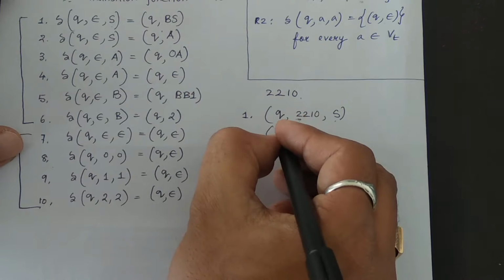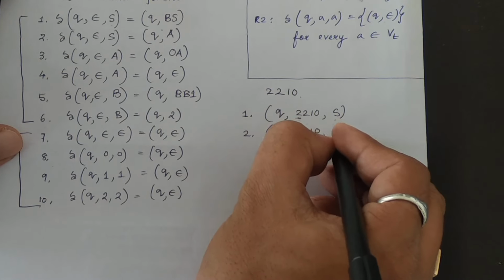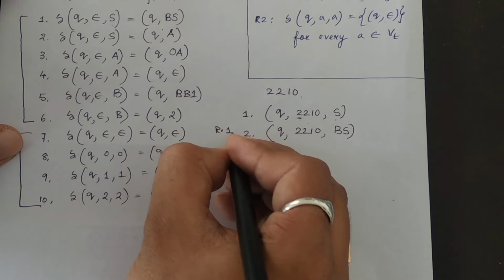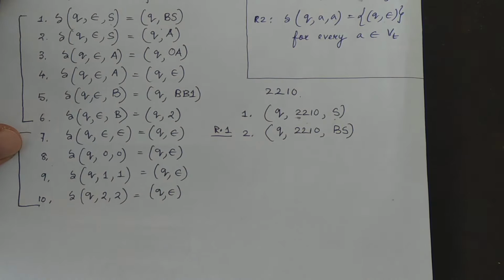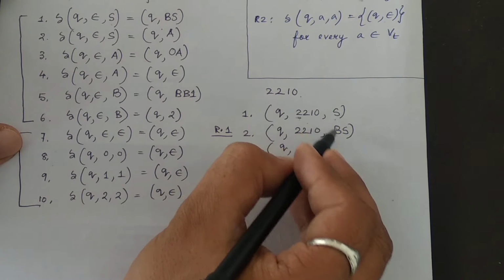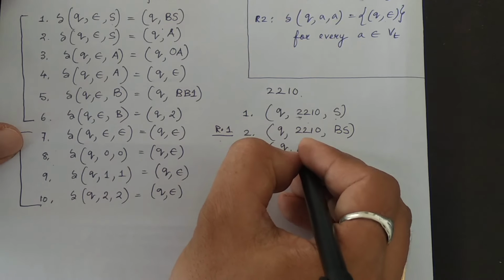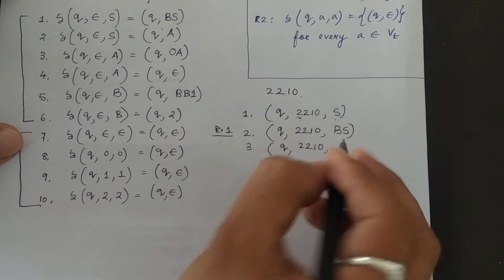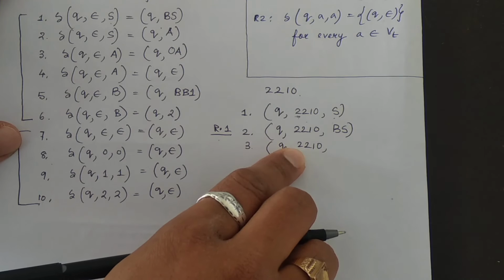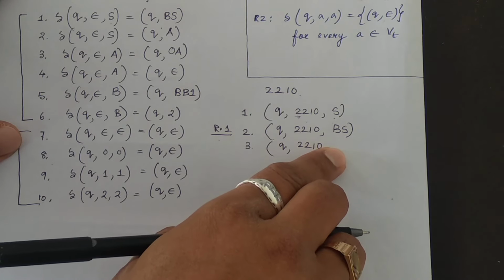So I can write down Q 2210 and then BS. This is by rule number 1. Clear? So I have derived this particular step by using rule number 1. Now 2210, again the string is going on, because you can pop the first 2 when you get a 2 over here.